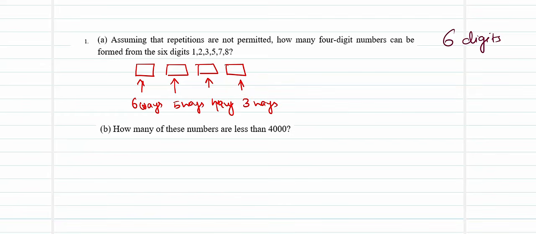So totally the 4-digit number can be formed in 6 into 5 into 4 into 3 ways. This is the number of ways in which I can form a 4-digit number without any repetition from the given 6 digits.